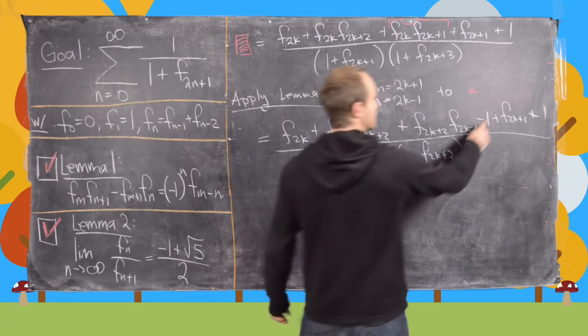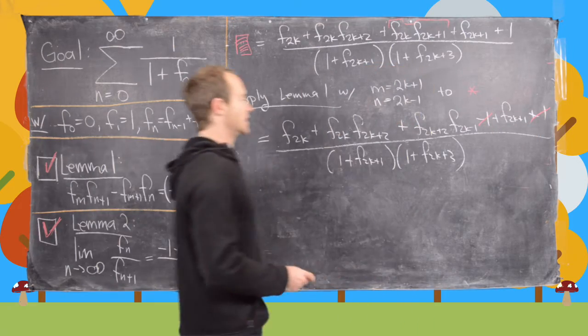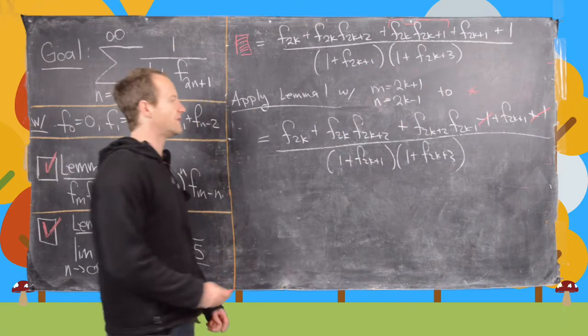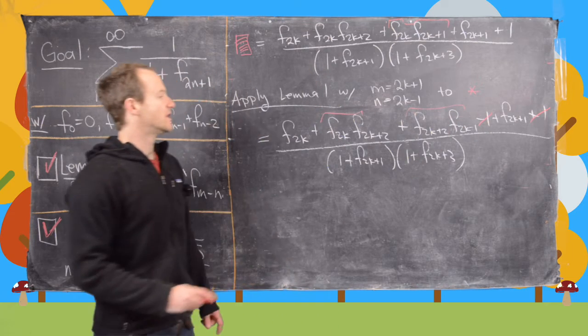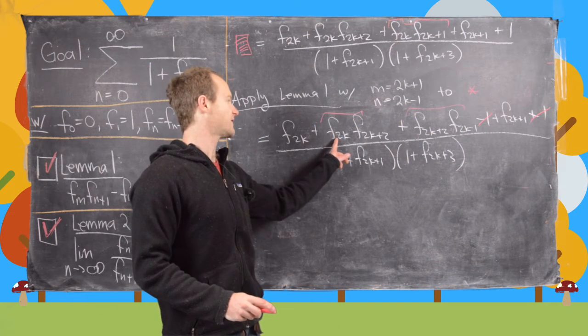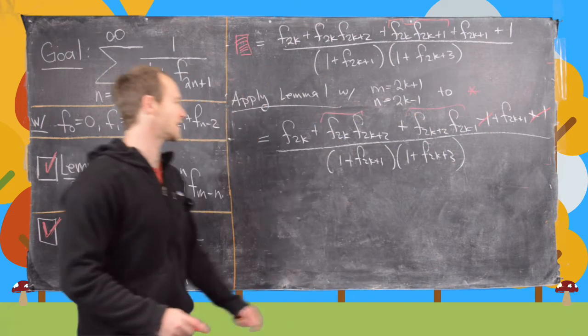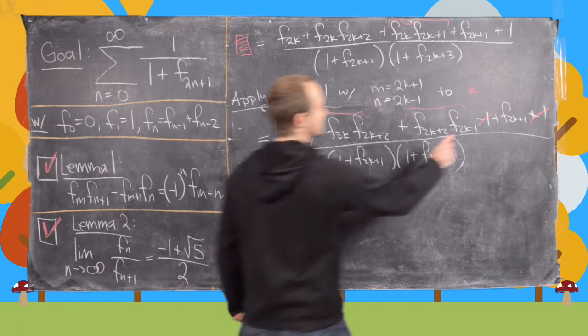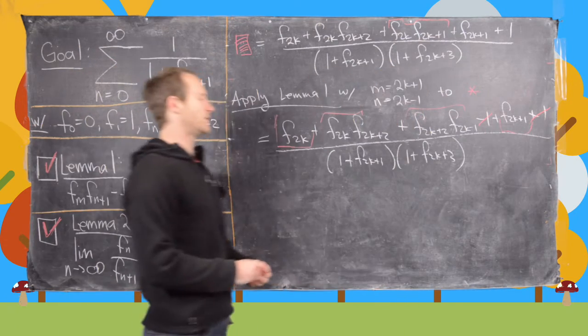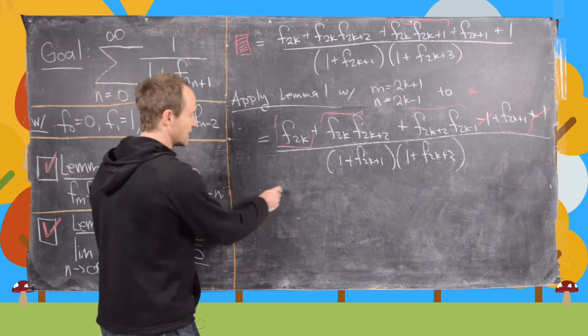But now notice this -1 and this +1 cancel. Okay, and the next thing we can do is add these two terms and then use the Fibonacci recursion on f sub 2k and f sub 2k minus 1. And then also combine together these two terms and again use the Fibonacci recursion. So let's see what that gives us.